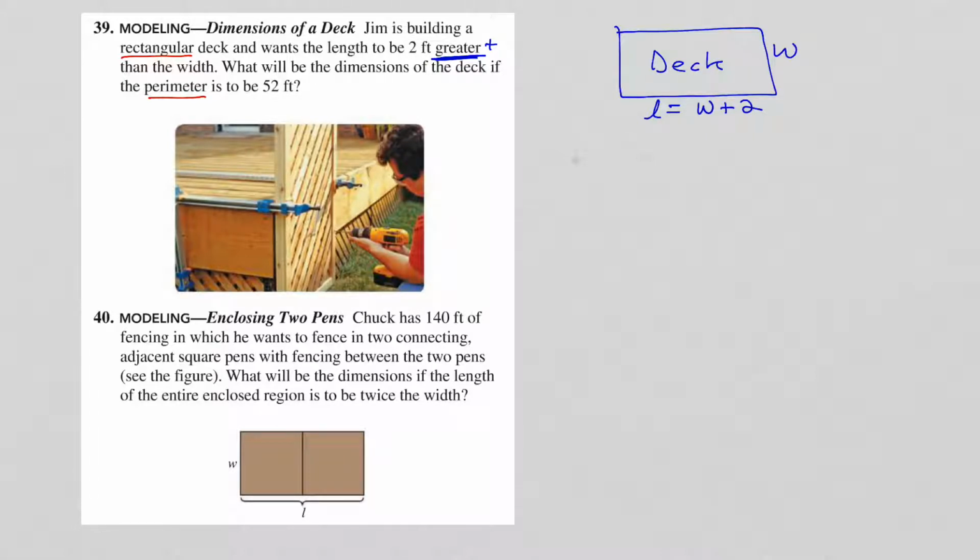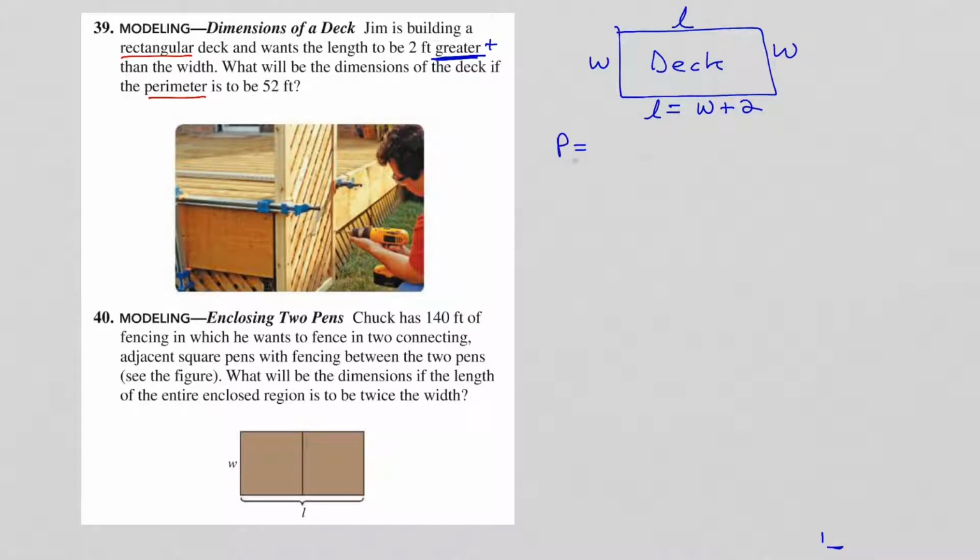Now, the other word, perimeter. You should know that from geometry: perimeter is adding up all the sides. So we know this is also W, and this is also another L. The definition of perimeter is the total enclosure, or adding up all the sides.